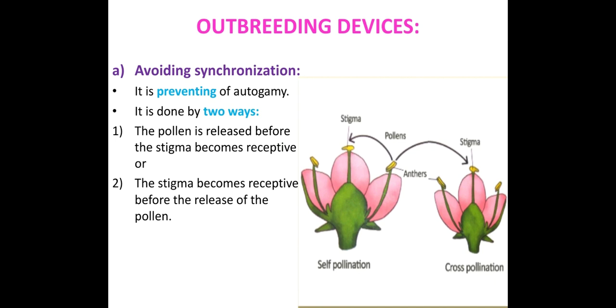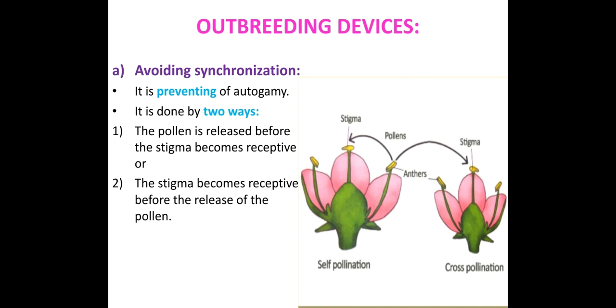For pollination to happen properly or to become successful, there must be synchronization between the pollen release and the stigma's receptivity. The release of the pollen and the receptive time of the stigma should be the same.